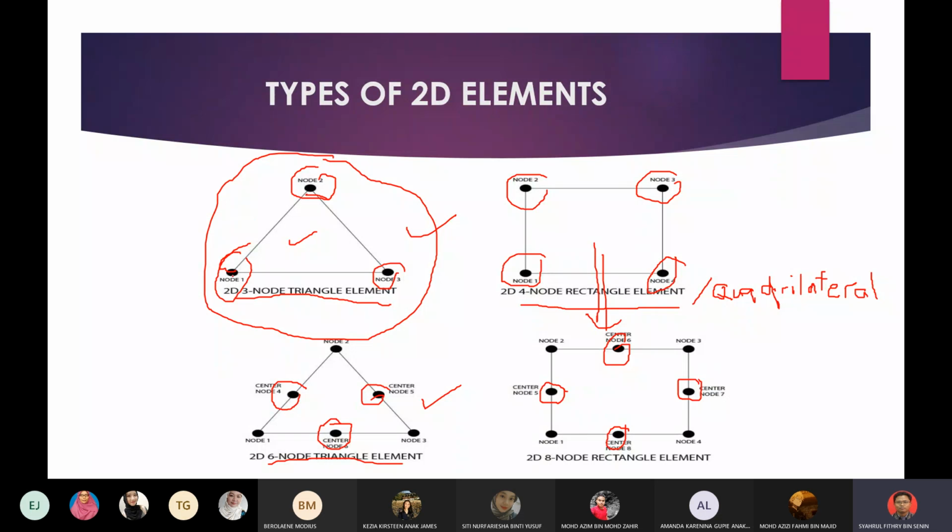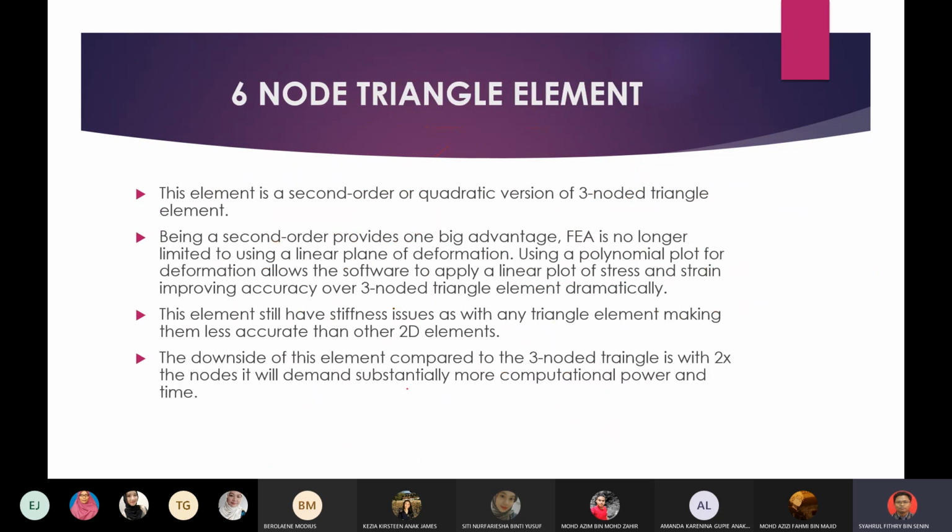So the behavior or the displacement is assumed to be linearly varied. But if you use 6 node triangle element, then you assume that the displacement will be quadratic. Not like this, it is only in linear fashion. So using 6 node is much better, because you will get a better solution of your results.